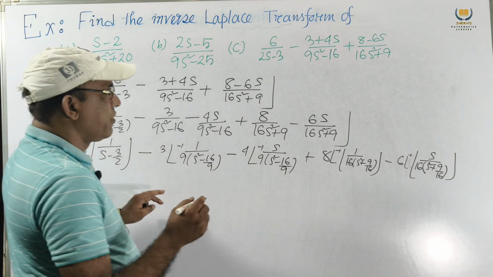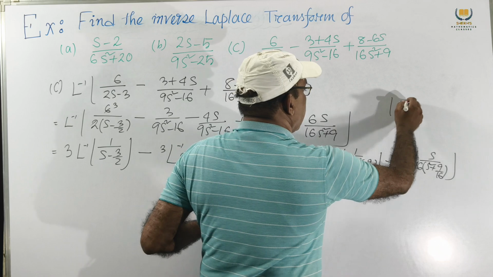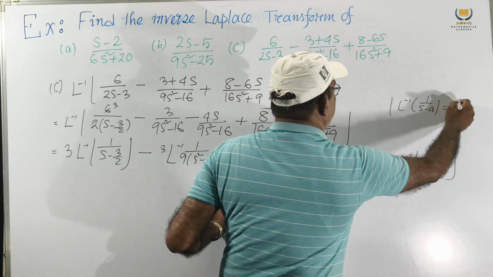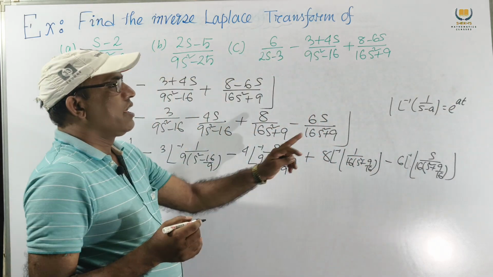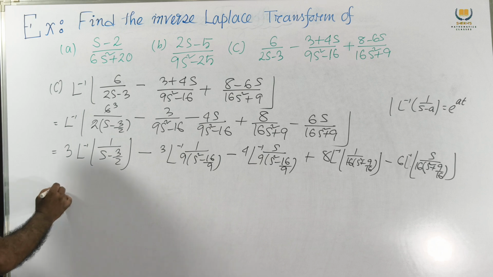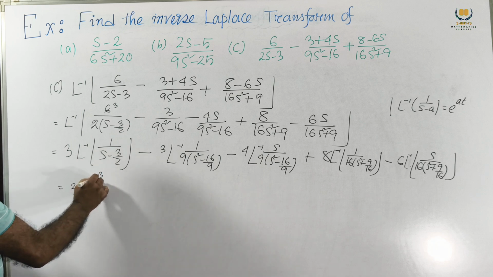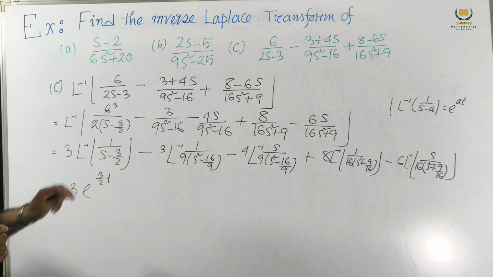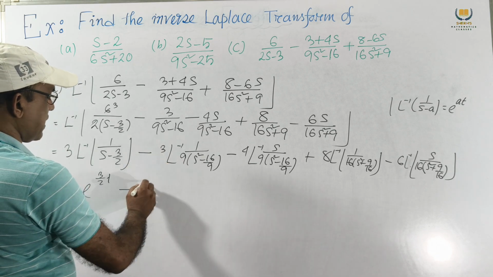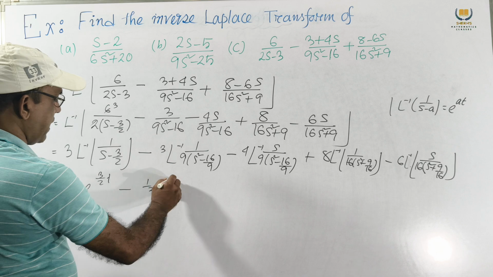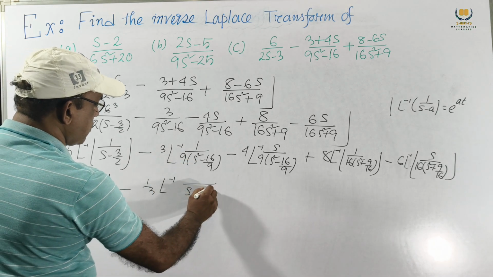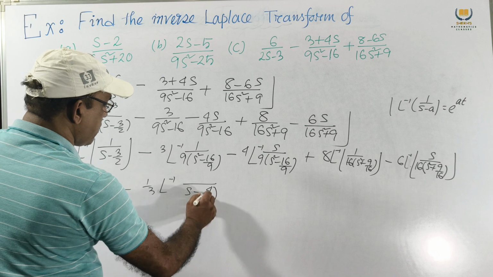formula. We know this formula, L inverse of 1 by s minus a is e to the power at. If 1 by s minus a, then e to the power at. Here s minus 3 by 2, so this will be e to the power 3 by 2 t, a means 3 by 2. And here this 3 taking outside, this cancels, 1 by 3, L inverse, this is s minus 4 by 3 whole square.